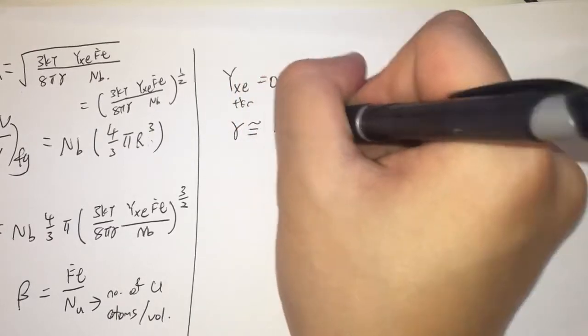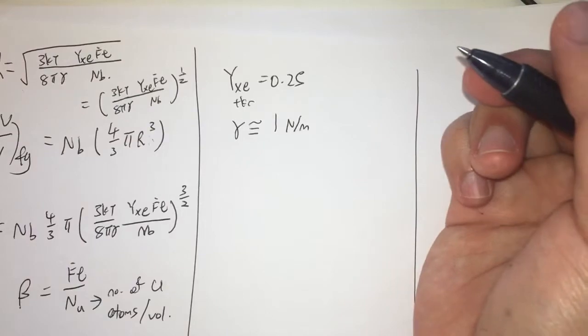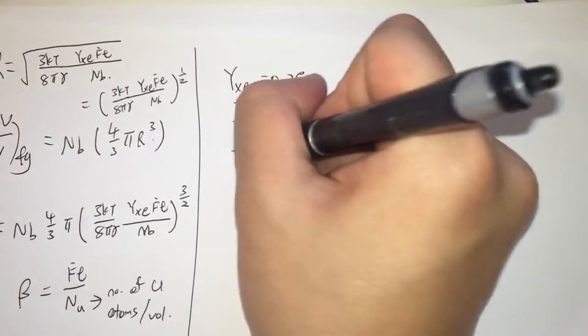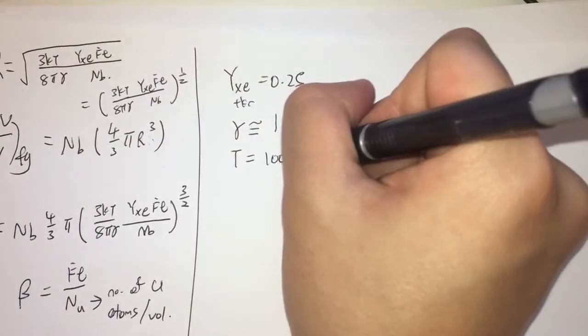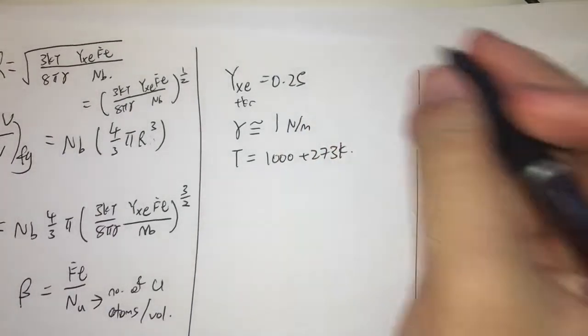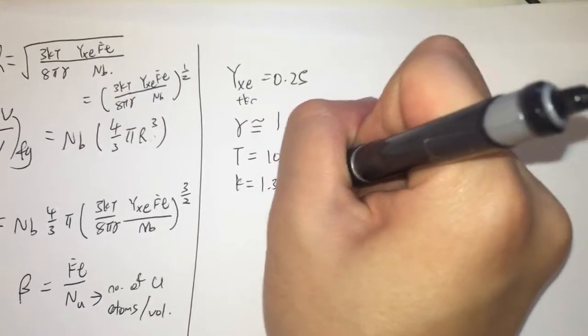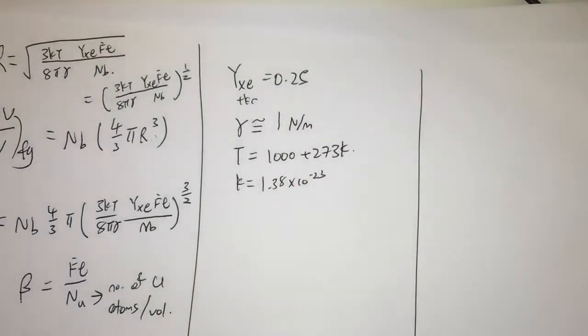Gamma is about 1 newton per meter, at the temperature T equals 1000 degrees C plus 273 K, and k equals 1.38 times 10 to the minus 23.